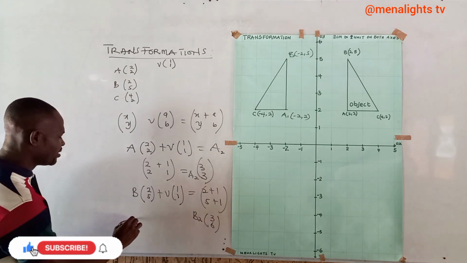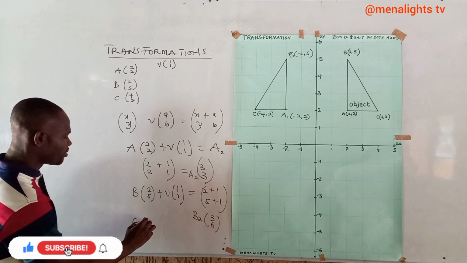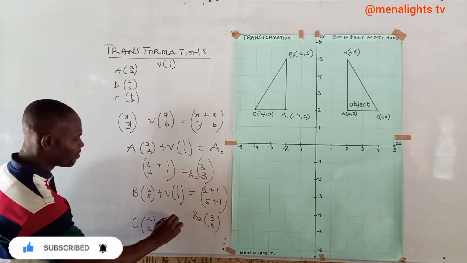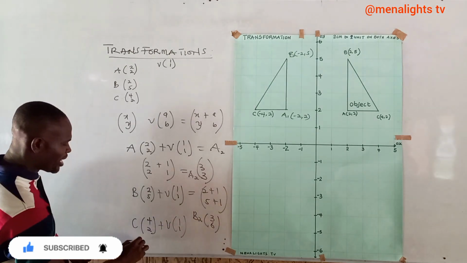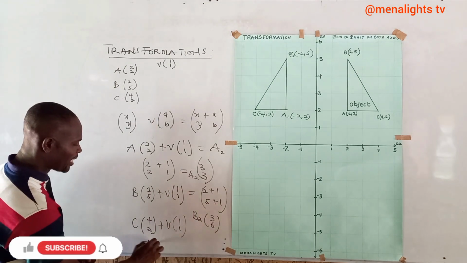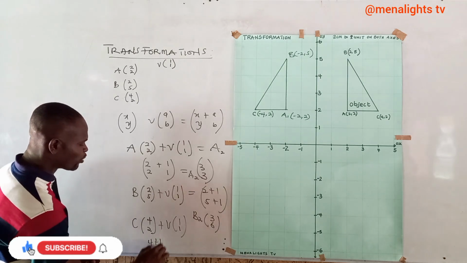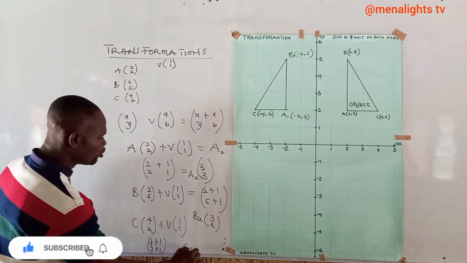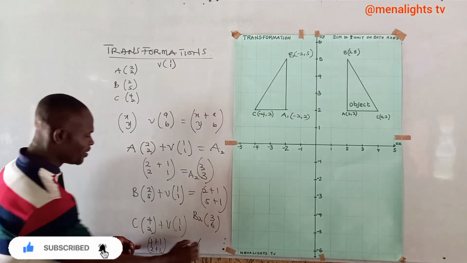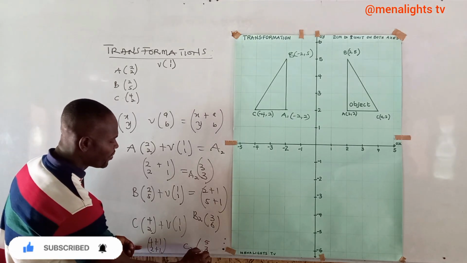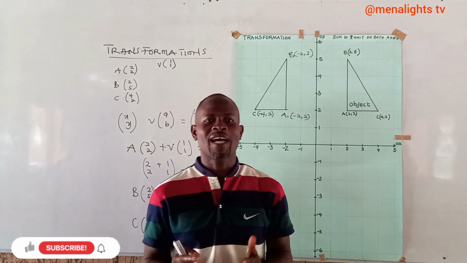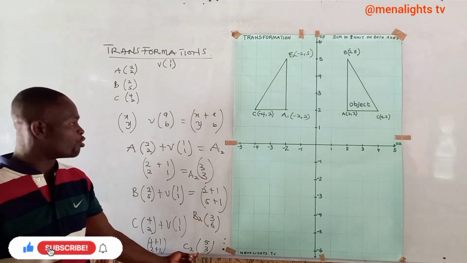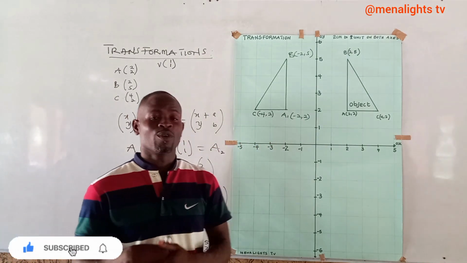When you take C, which is (4, 2), plus the vector (1, 1), we get 4 plus 1 and 2 plus 1 as well. Which means our C2 is going to be (5, 3). Now that we have A2, B2 and C2, we go to the graph and represent it.